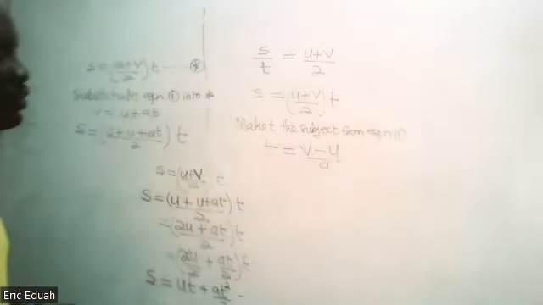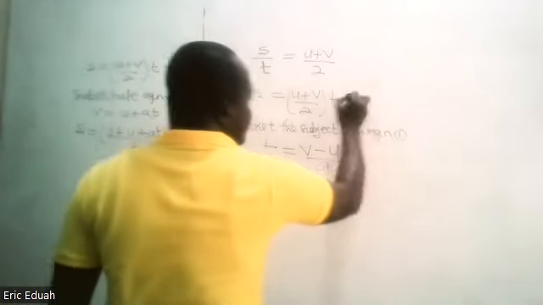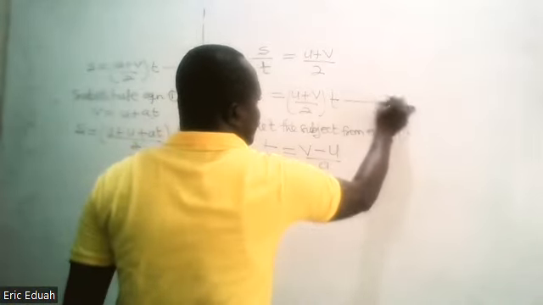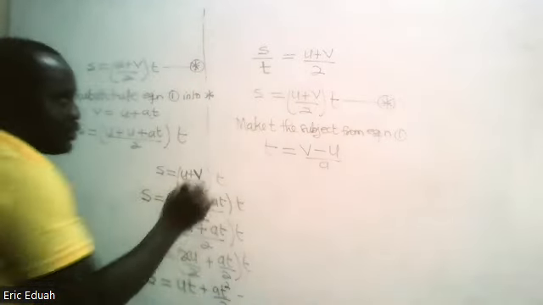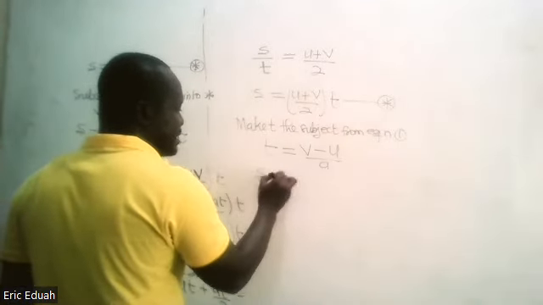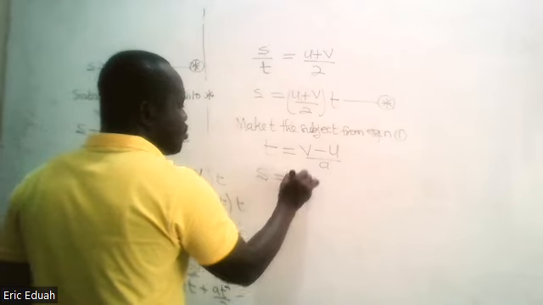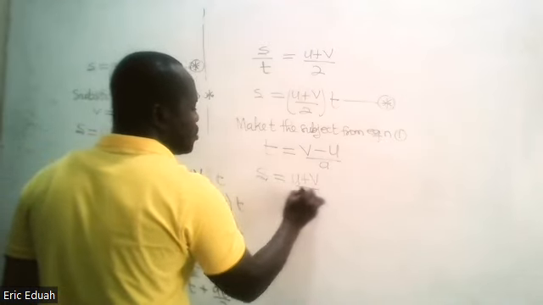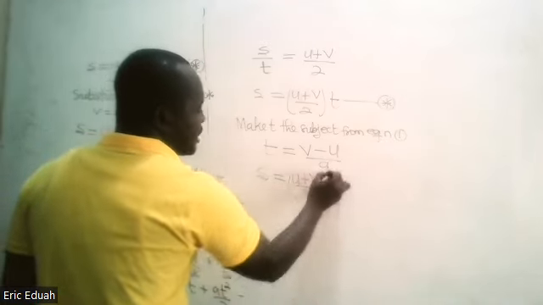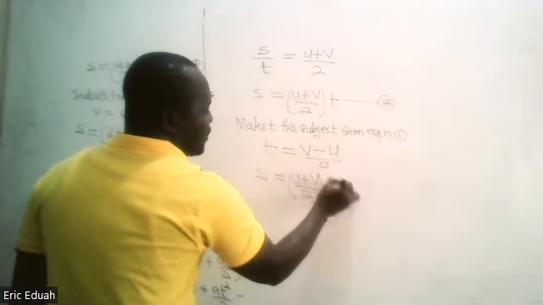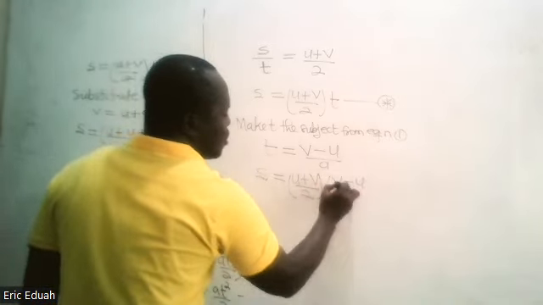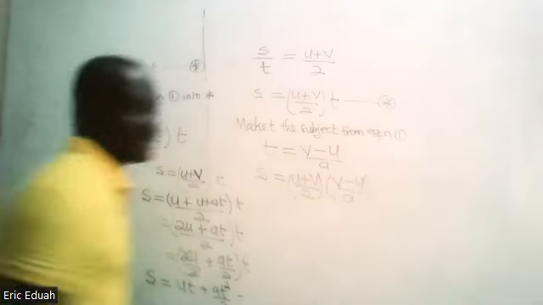Let's substitute this into our equation star. So when we do that, S is equal to U plus V on 2 times V minus U on A, isn't it?